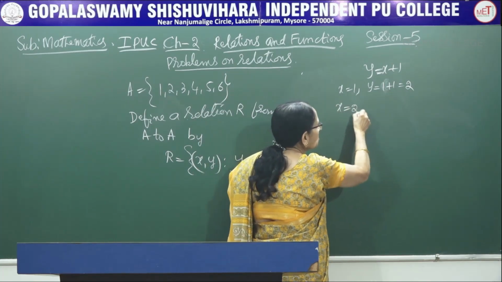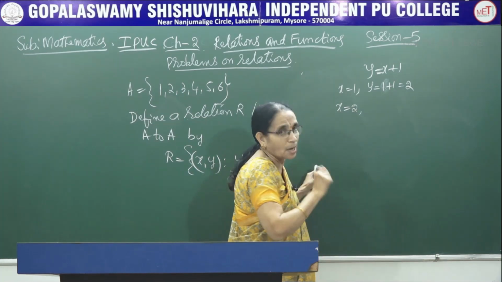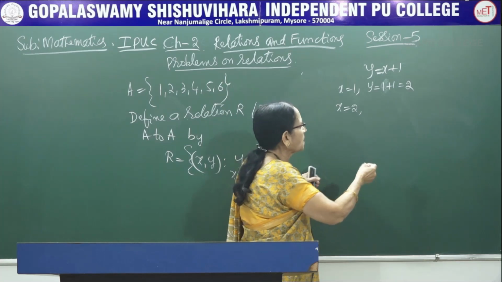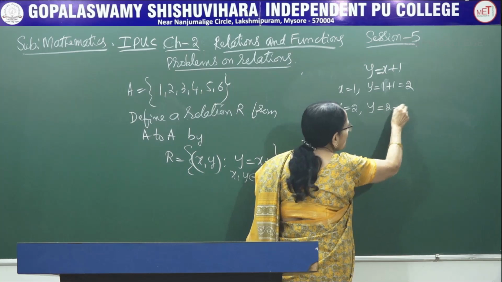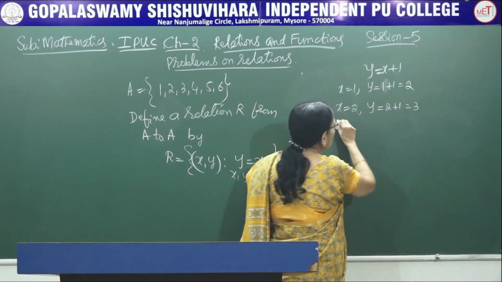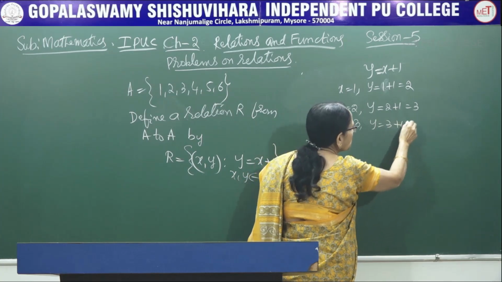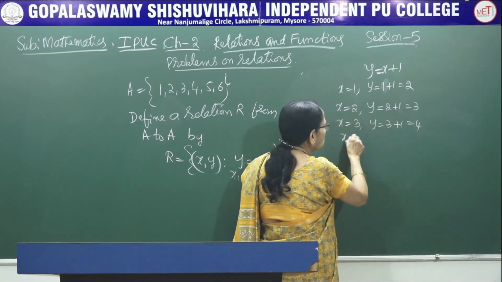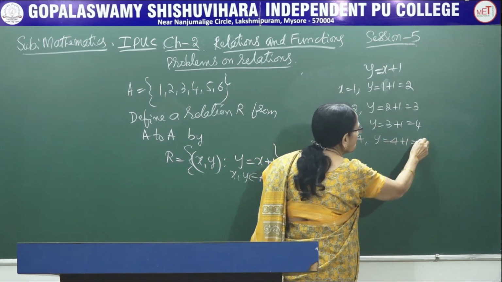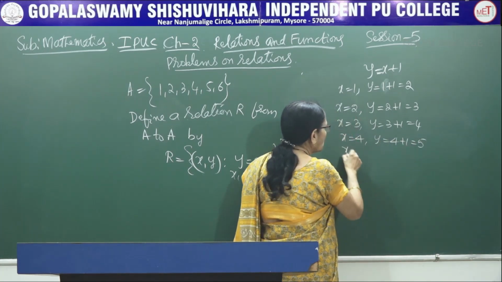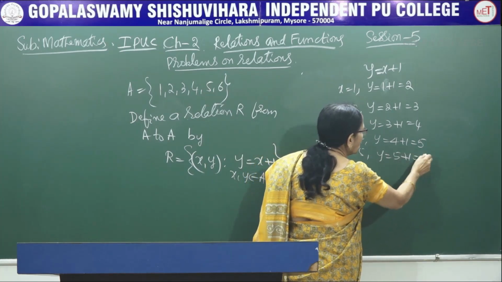Now when x is equal to 2, of course you can directly write without doing this calculation if you can, otherwise better you do the calculation. When x is equal to 2, 2 plus 1 is 3. When x is equal to 3, y would be 3 plus 1, that is 4. When x is equal to 4, y would be 5. When x is equal to 5, y would be 5 plus 1, that is 6.